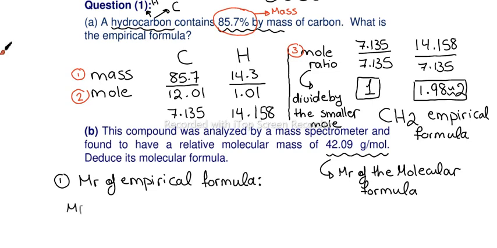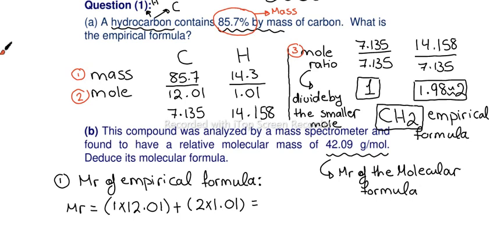So my molar mass will equal, I have 1 carbon. This is my empirical formula, remember that. So it is 1 times 12.01 plus 2 times 1.01. Using your calculator, your final molar mass is 14.03 gram per mole.